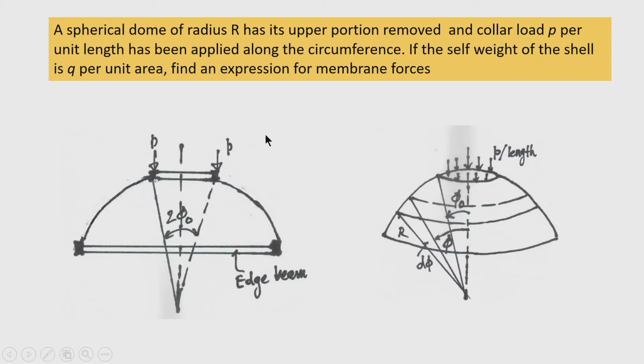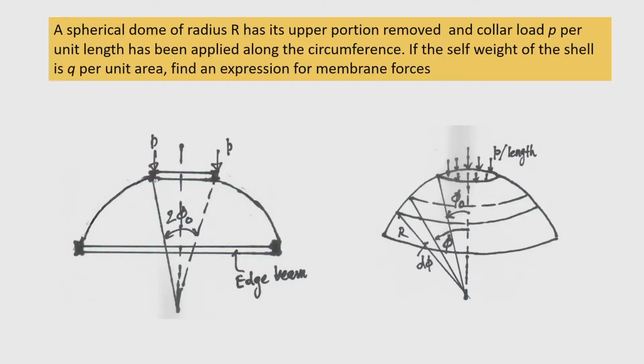Once the membrane forces are found, we can easily obtain the membrane stress, because the forces are expressed as a quantity per unit length. If I divide the membrane force n phi by the thickness of the shell, we will get the membrane stress. Similarly, if I divide n theta by the thickness, we will get the other membrane stress, the circumferential stress acting on this shell.